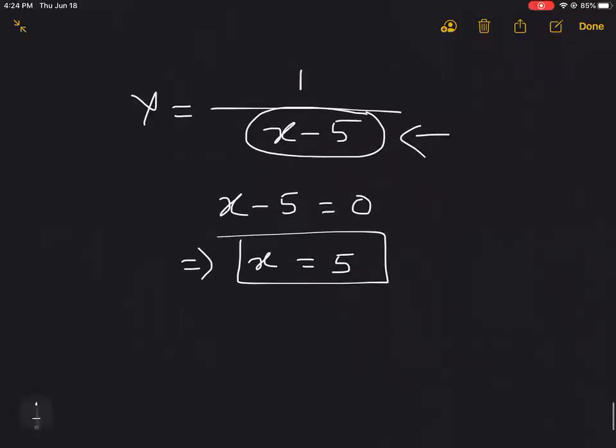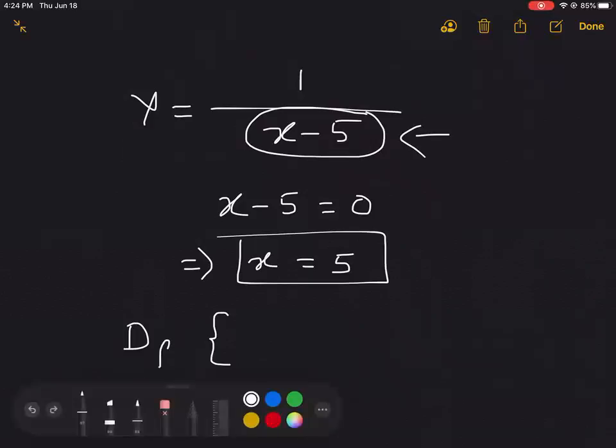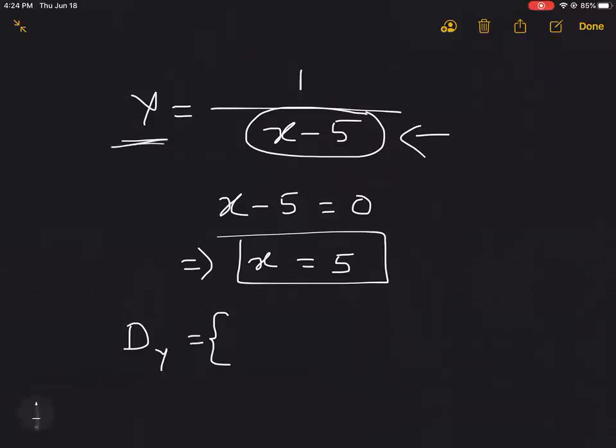So on this occasion, apart from this 5, everything is our domain. So we'll say the domain of this function, let me write y here because I have defined that function as y.